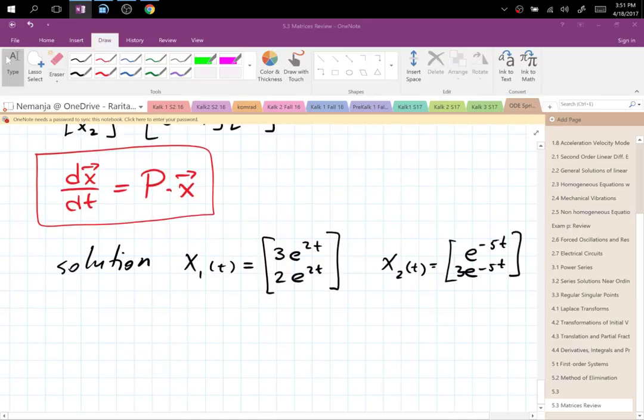So now the overall solution using the principle of superposition would be just to add these together.